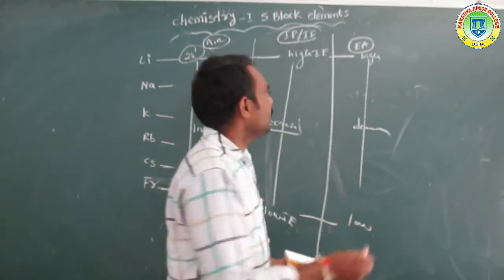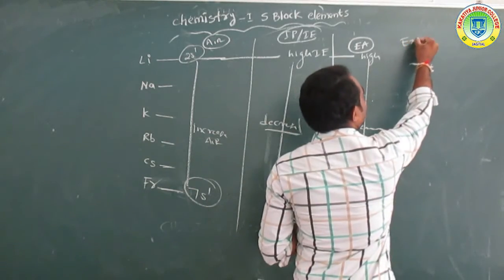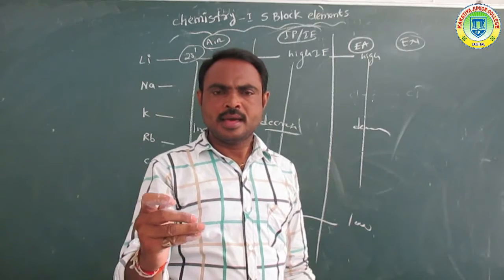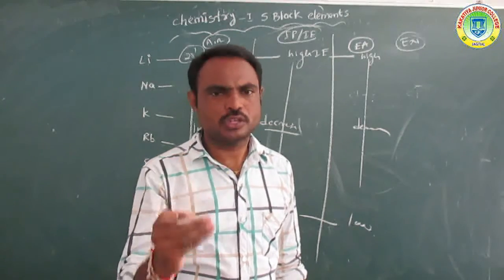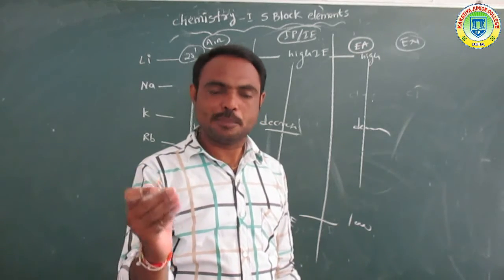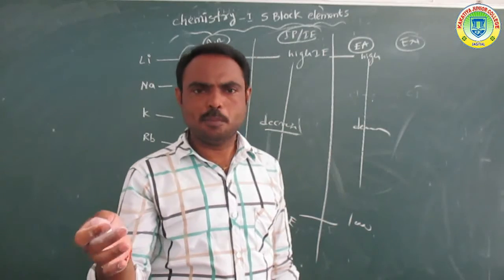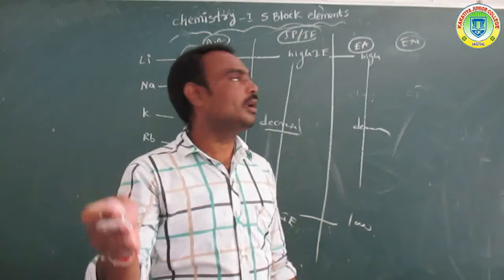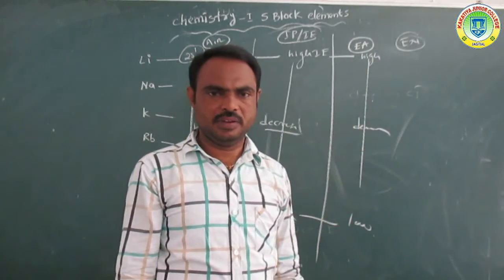At the same time, last one, EN, electronegativity. Simply we call it attraction capacity to participate in a chemical bond. That attraction capacity is called electronegativity.